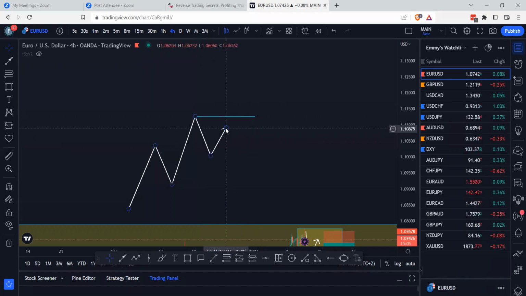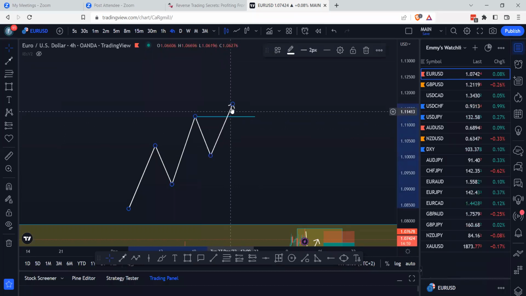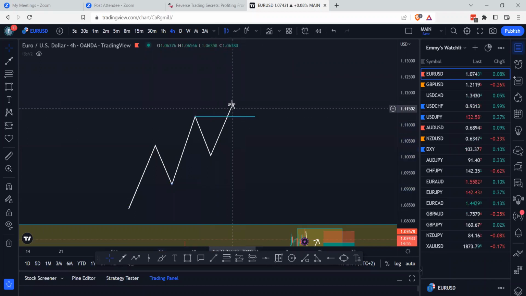Okay, so if you see a new high like so, and then the body of this higher high closed above this zone, right? Then this is a break of structure. This zone here, because this structure has been broken.